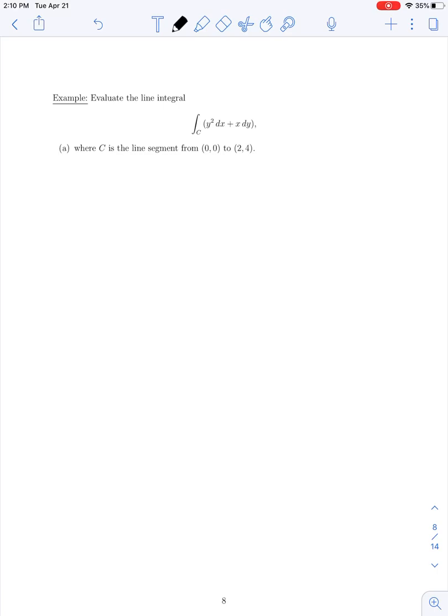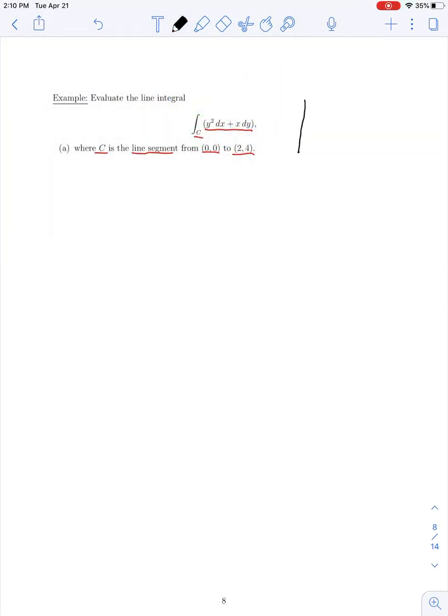So to illustrate this, in this next example, we're considering the line integral of y squared with respect to x plus x with respect to y over the curve C, where in part A, C is the line segment from the point 0, 0 to the point 2, 4. So here in part A, let's visualize our curve.